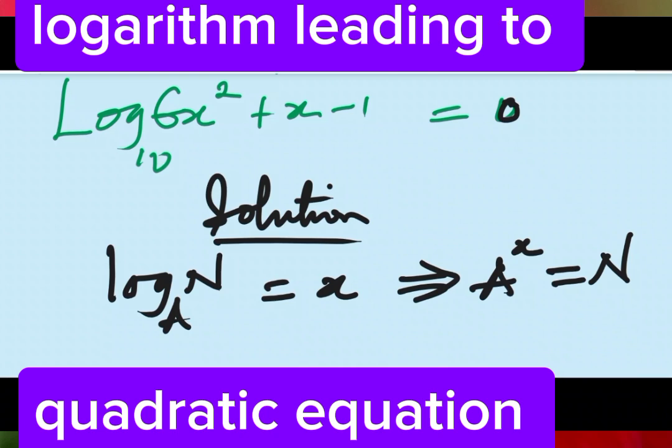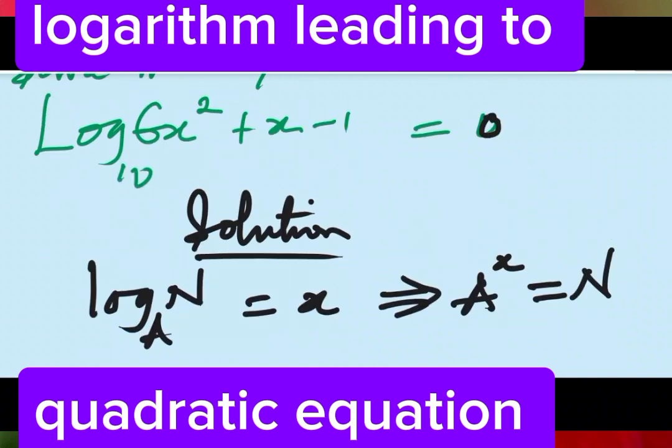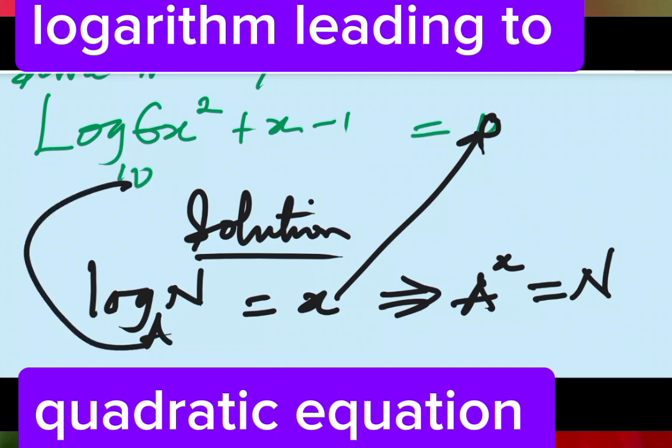So in this case, from the question, our x here is 0. Our a is 10. And our n is 6x squared plus x minus 1.